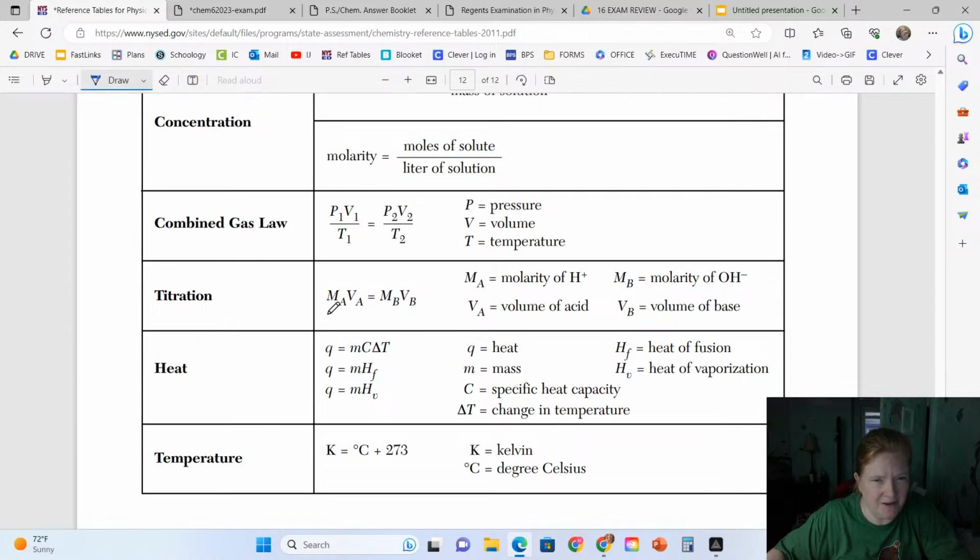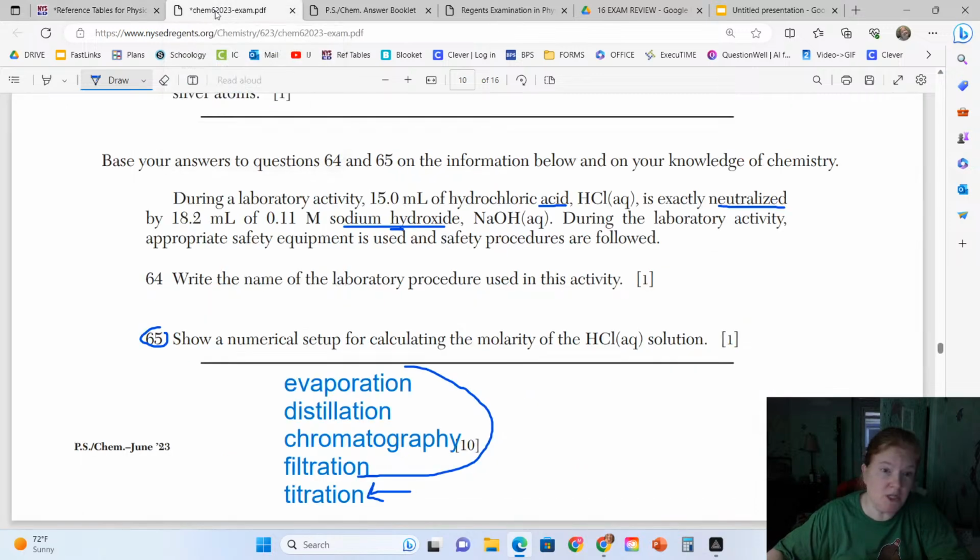This is the formula, and there is the name of the lab procedure. Okay, so it was a strange question. Most people wrote neutralization for the question, but that's not a lab procedure. That's just like a process. The lab procedure itself is titration.